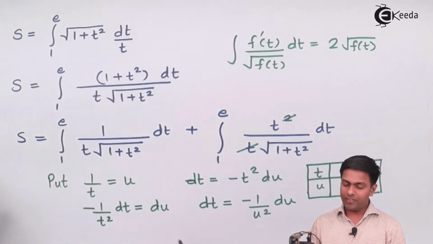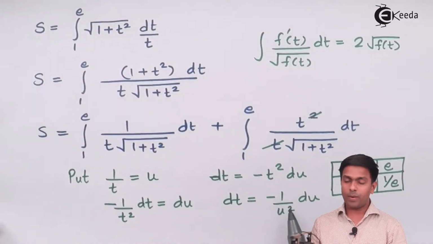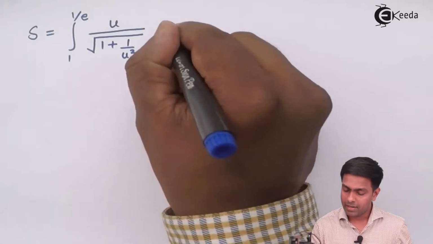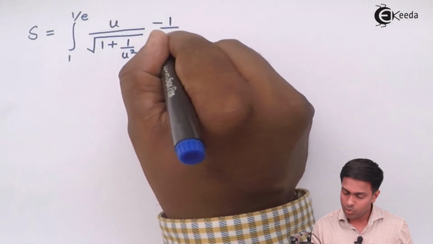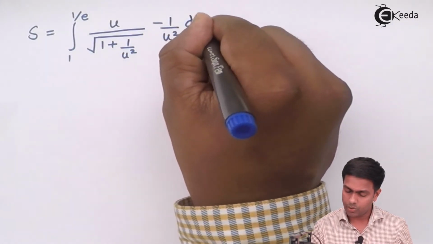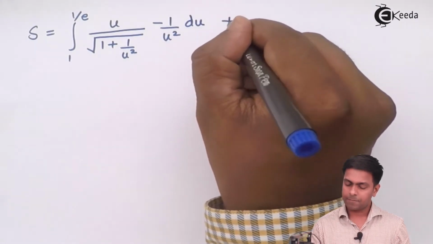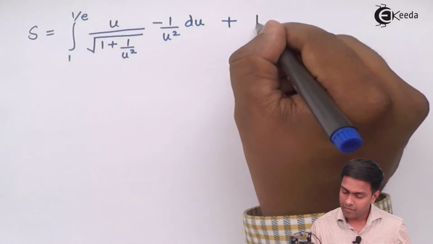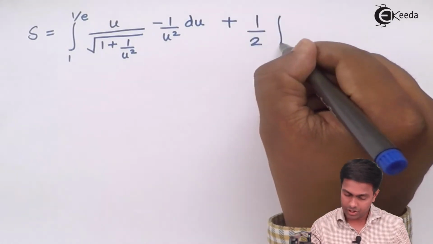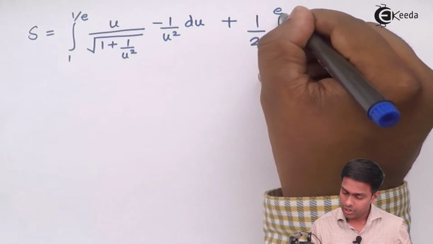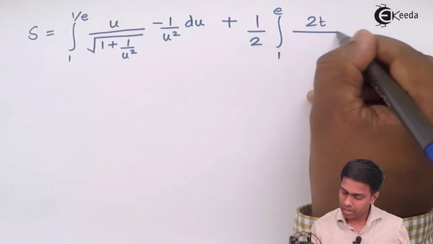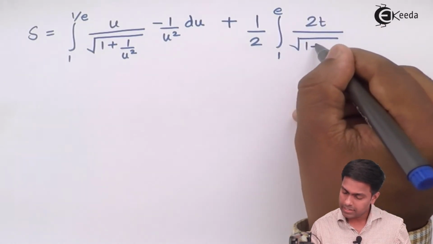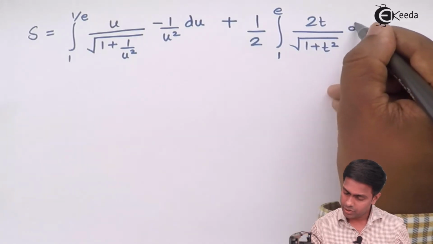Next, the value of dt is negative 1 upon u square du. So here I'll write minus 1 upon u square into du. Plus, guys, as I said, I'll multiply and divide by 2. So here we'll get half integration 1 to e 2t upon under root 1 plus t square into dt.